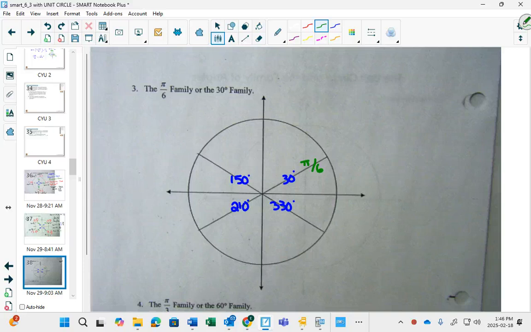Did you get 5 pi over 6? Right? Because you'd have to do pi minus pi over 6. To get a common denominator, 6 pi over 6 minus 1 pi over 6 will give you 5 pi over 6. And then this one will be pi plus pi over 6, which is 7 pi over 6. And the last one, 11 pi over 6.